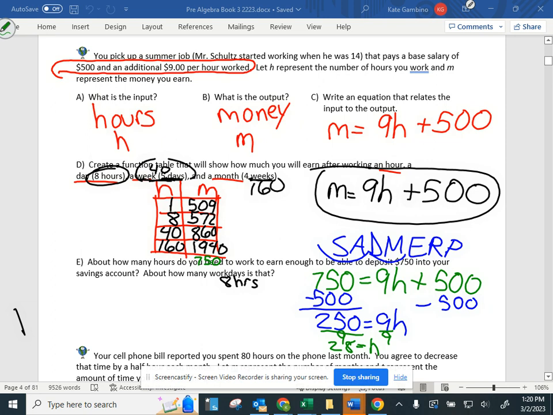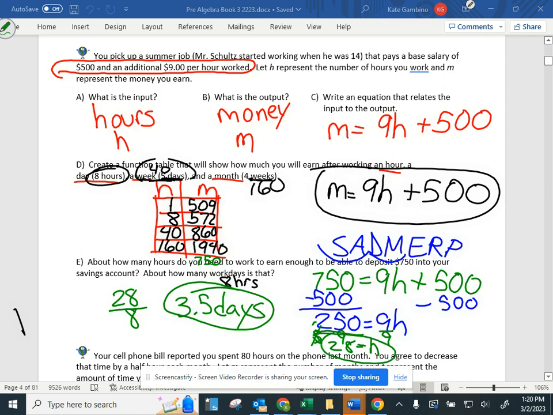And this can have a decimal or fraction to it. How many days do I have to work? Michael? 3.5. So if I worked 28 hours, I'm going to divide that by my 8-hour days, and I'm going to get 3.5 days. So 28 hours is 3.5 days.